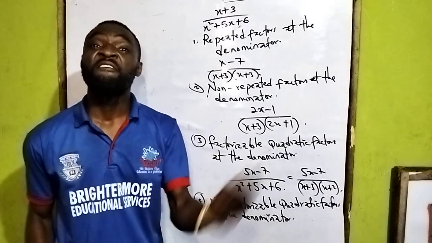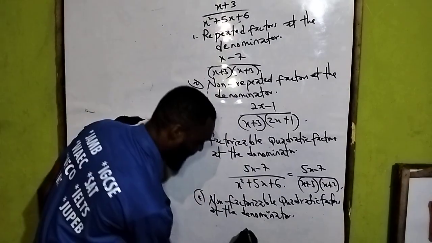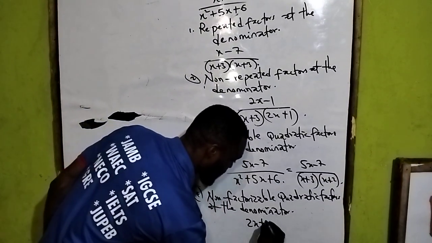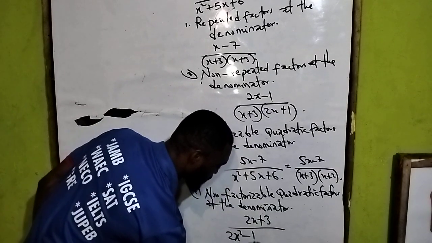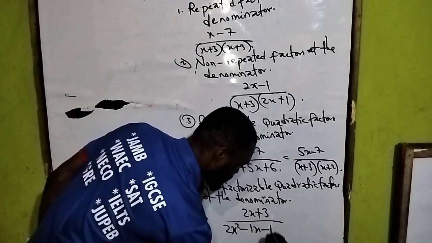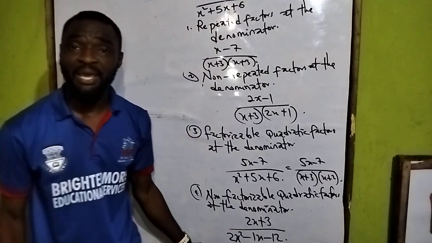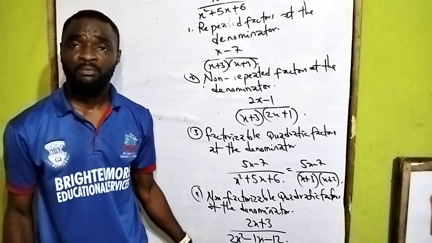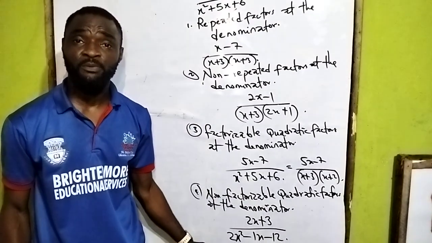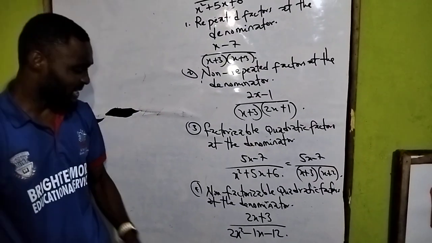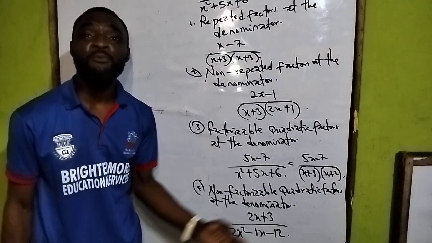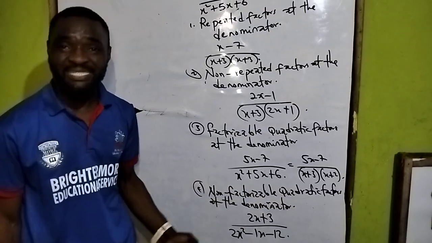You cannot apply the factorization method. Example, if I have 2x plus 3 over 2x squared minus x minus 12. If you apply the factorization method to the quadratic, you cannot factorize this. So this is an example of non-factorizable quadratic factors at the denominator.